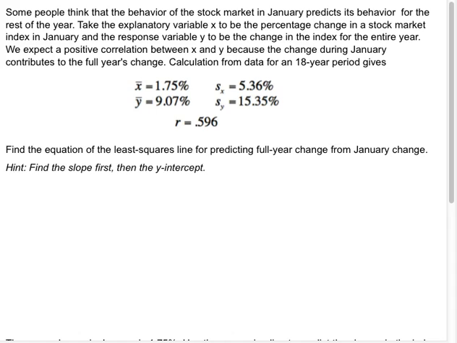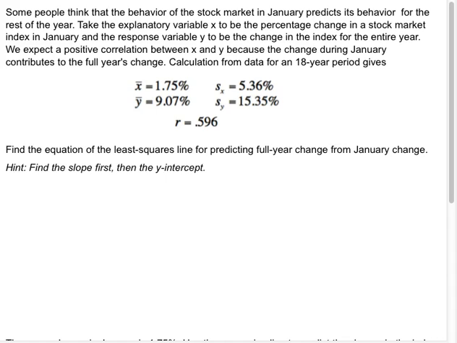Some people think that the behavior of the stock market in January predicts its behavior for the rest of the year. Take the explanatory variable X to be the percentage change of the stock market in January, and the response to be the change in the entire year. We would expect to find a positive correlation between X and Y because the change during January contributes to the full year's change.